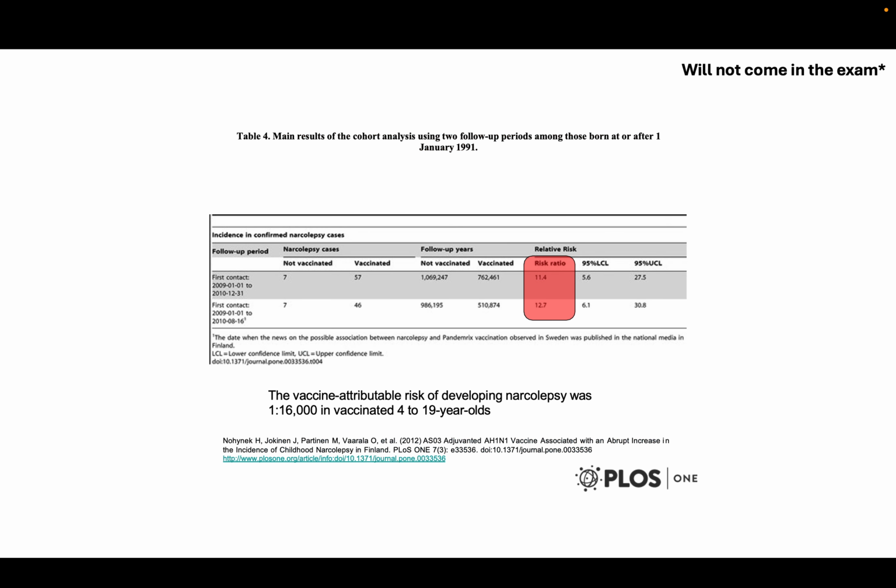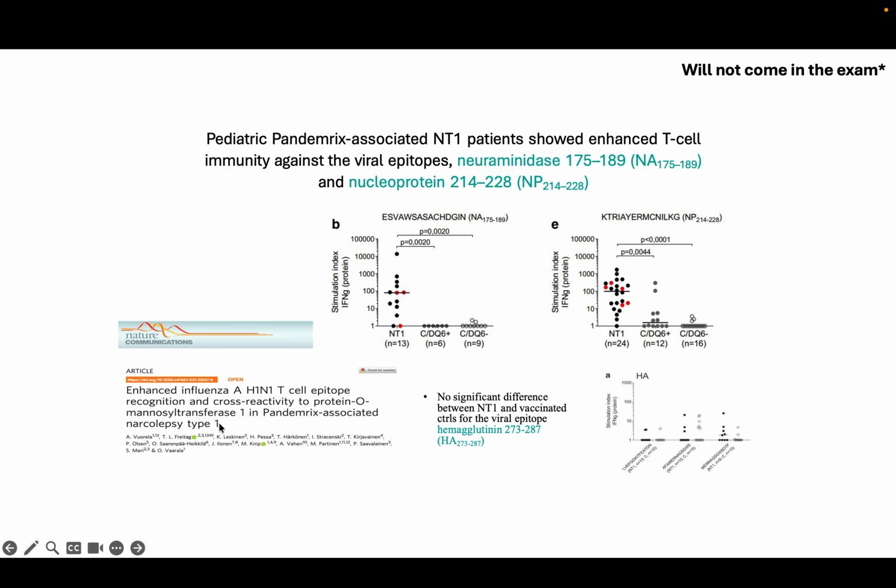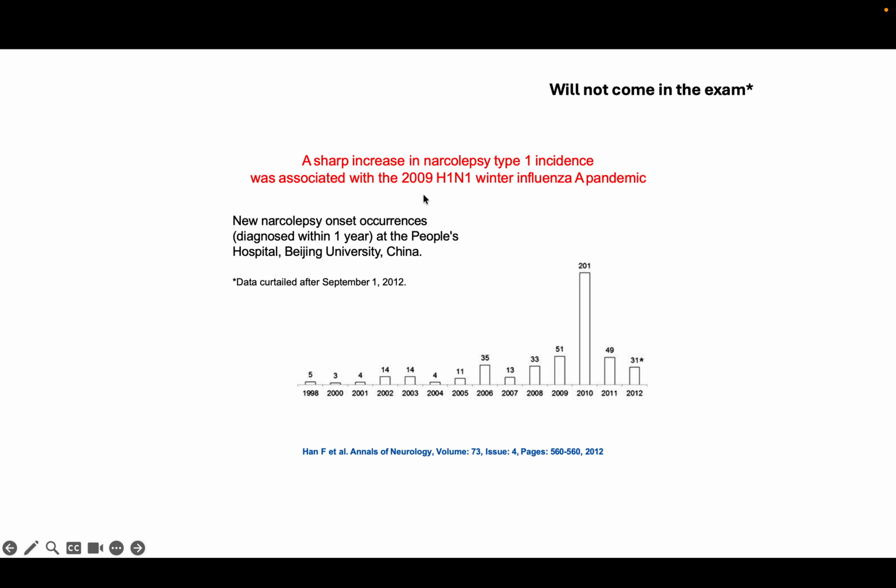What is it? Well, a very good friend of mine, Tobias Freitag, published a beautiful paper in Nature Communications. He saw that when he took T cells from people with NT1, they were very reactive towards neuraminidase and nucleoprotein, the NA protein and NP protein found in the H1N1 virus.